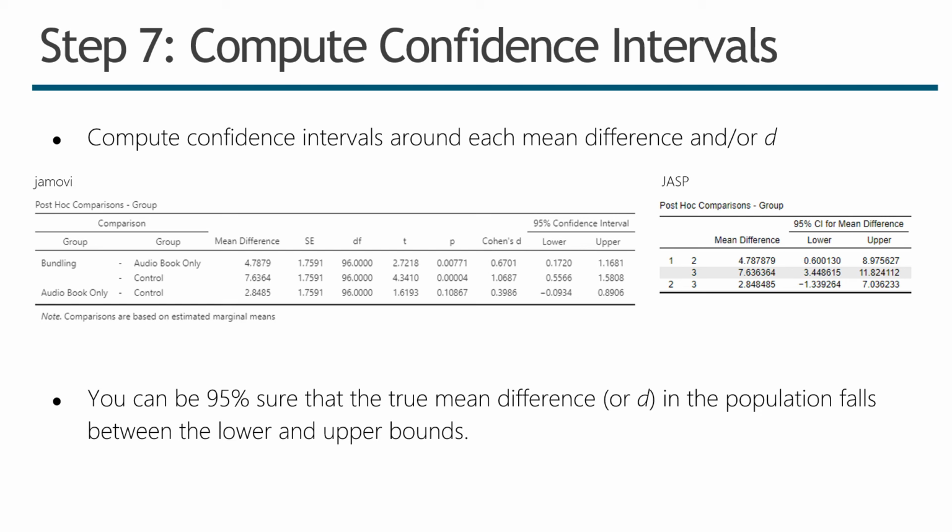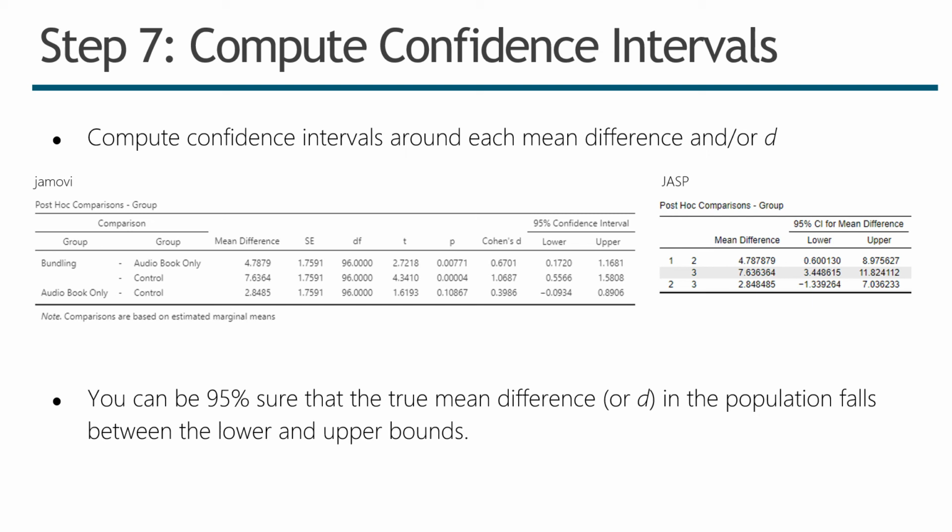I can be 95% sure that the true mean difference in the population falls between the lower and upper bounds. Or if I'm looking at d, I'm 95% sure that the true mean difference in terms of standardized units, or d, in the population falls between those upper and lower bounds.